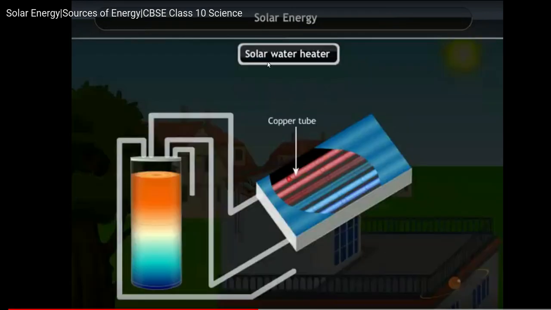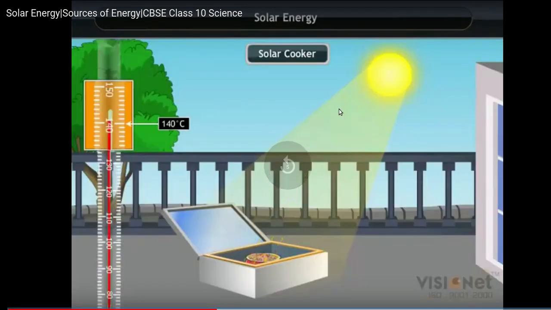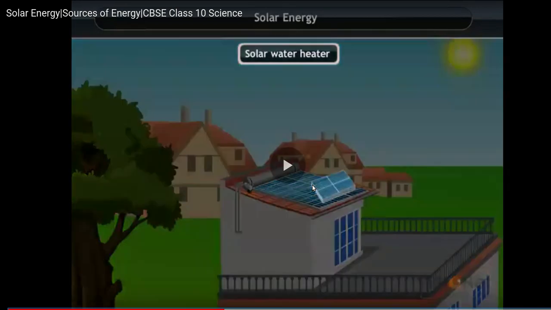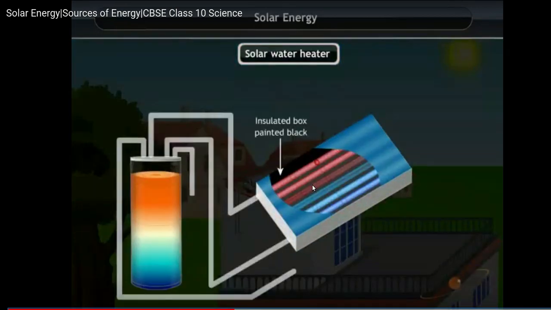Now moving on to the solar water heater. In the solar water heater we have these copper tubes and this glass. This is how the solar water heater looks. There are these panels. Inside it we have an insulated box which is painted black, and we have copper tubes and the glass plate.